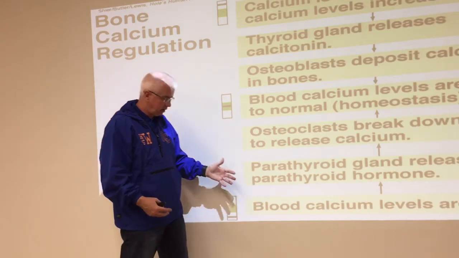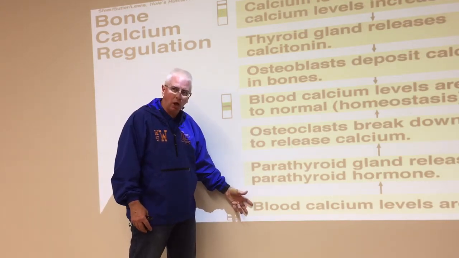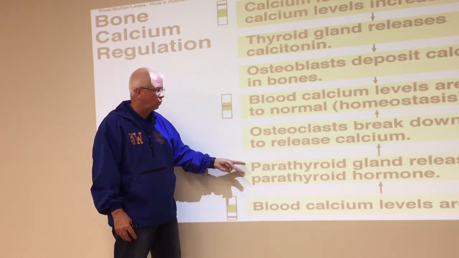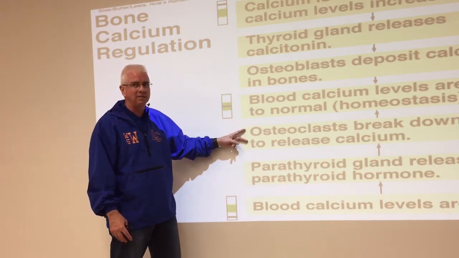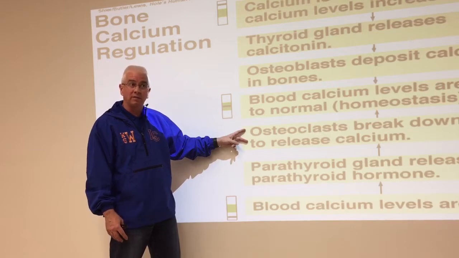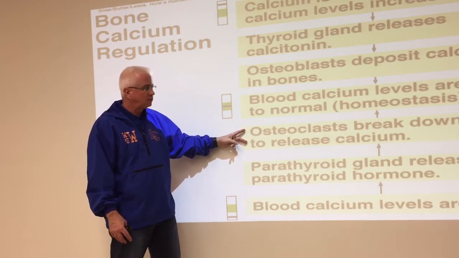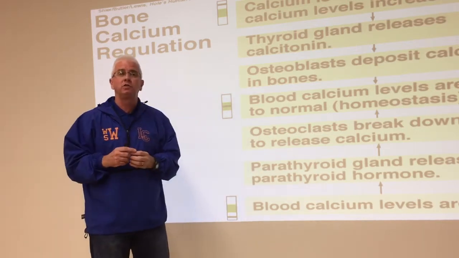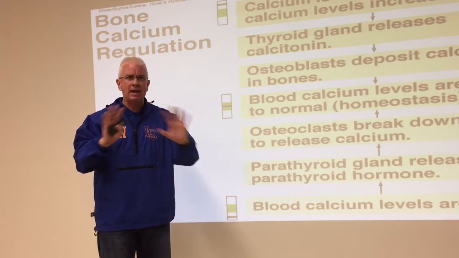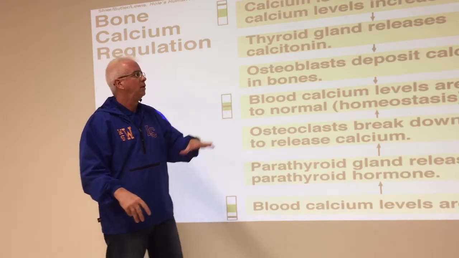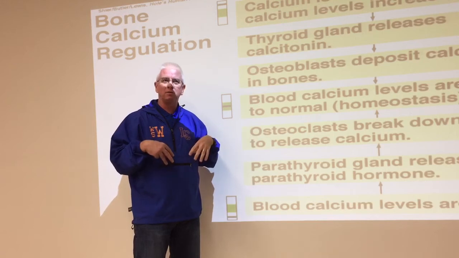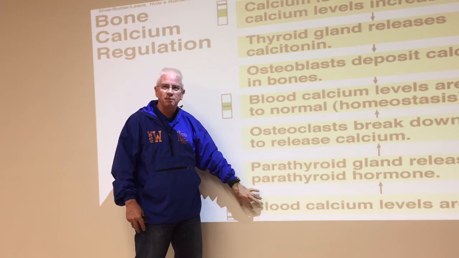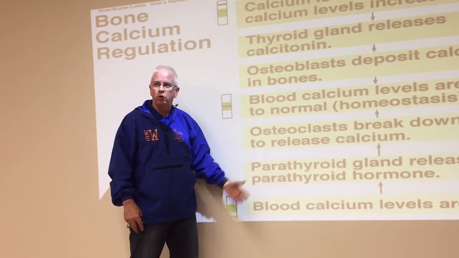On the other hand, when calcium levels are low, the parathyroid gland releases parathyroid hormone, activating osteoclasts, these are bone-resorbing cells, to cause the bone to break down and release calcium into the circulation. So the first impression students get when they learn bone out of any A&P textbook is a lot of calcium builds bones. Calcitonin does this. Not enough calcium in the diet causes parathyroid hormone to tear bones down.